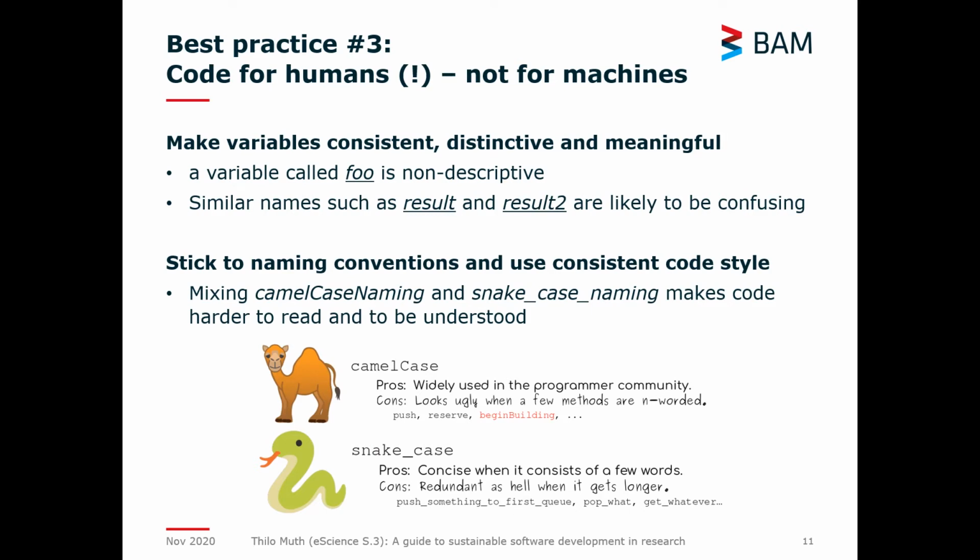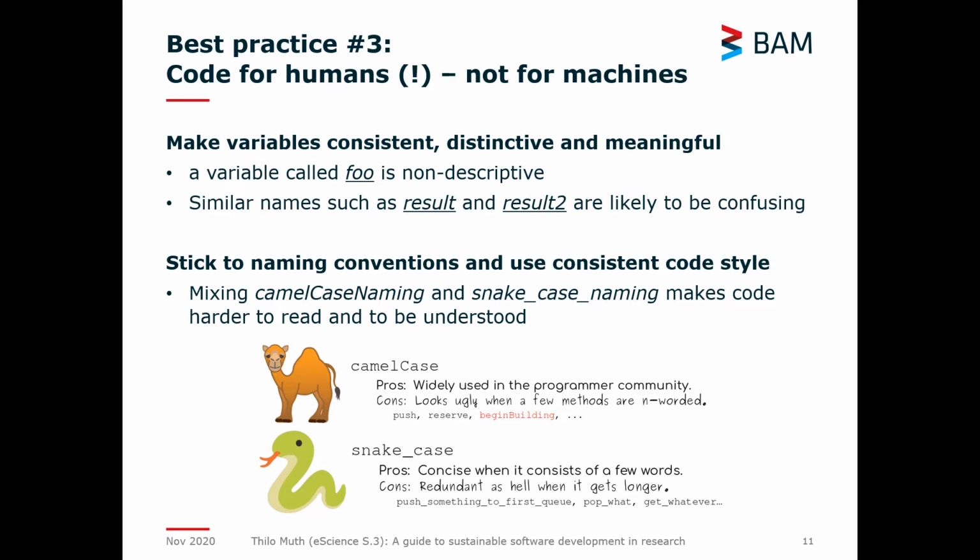Third best practice: try to code for humans, not for machines. Of course, your code is interpreted by the computer and used by the computer to fulfill a certain purpose, but the code is read by your colleagues, by other researchers, and so on. So these are humans. So try to make variables consistent, distinctive, and meaningful.